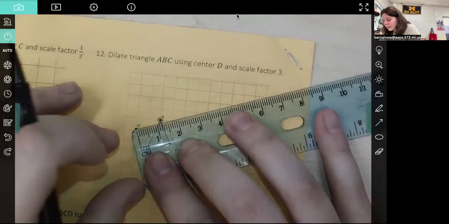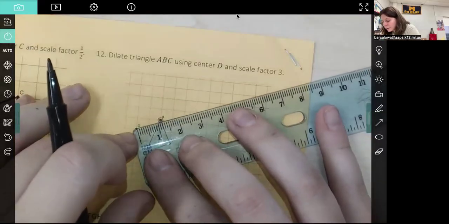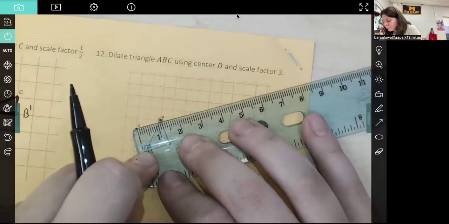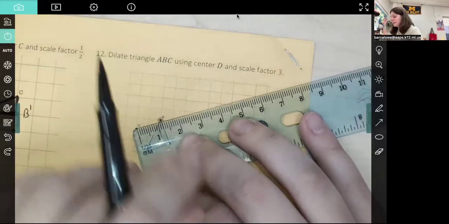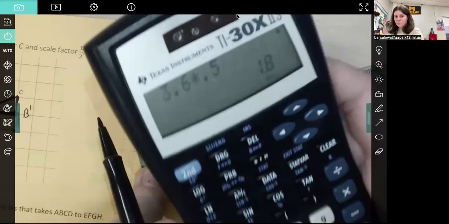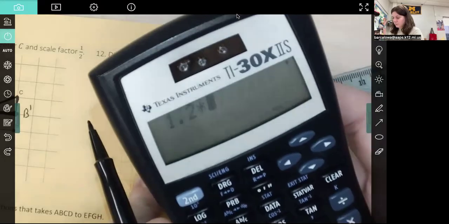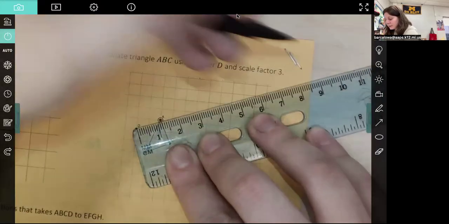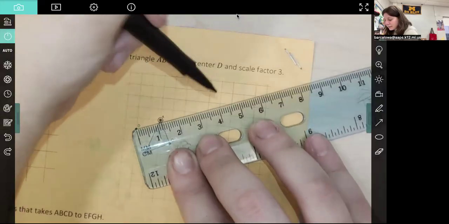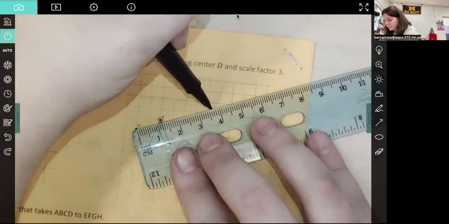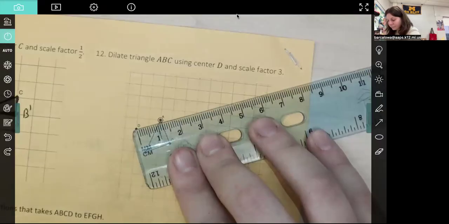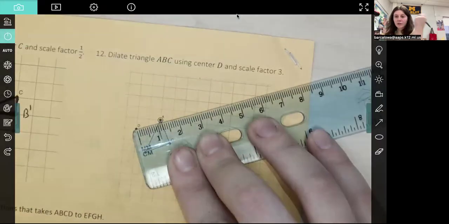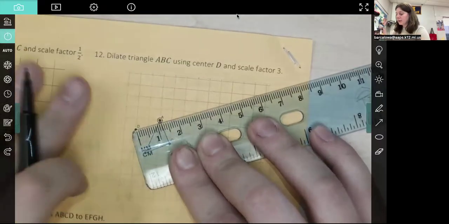From D to A, that looks like 1.2, and I'm using scale factor 3. So 1.2 times 3 is 3.6. Keep your ruler in the same place. 3.6 is about here. If you're a little off, personally, I'm okay with that.